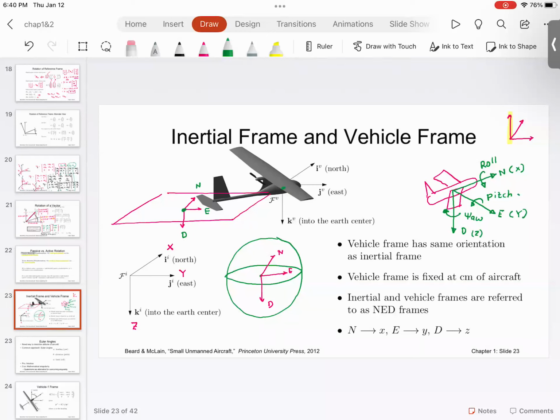So the GPS data that we receive from satellite is referenced to the earth center, earth fixed frame. What does that mean?